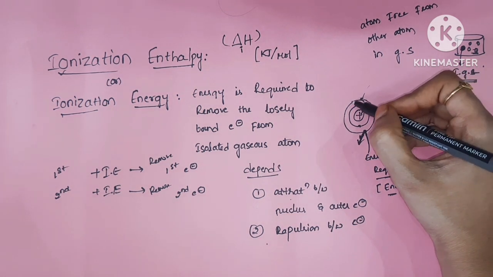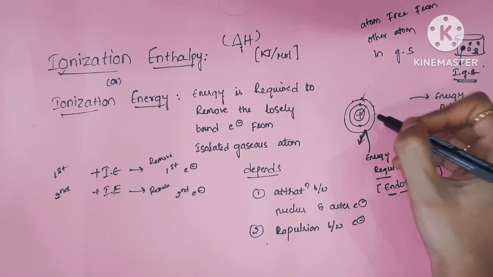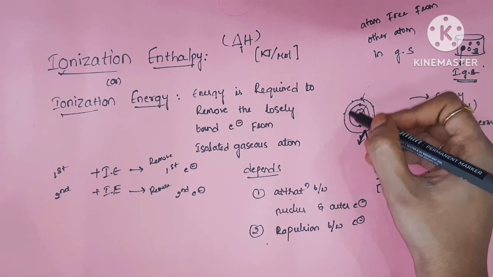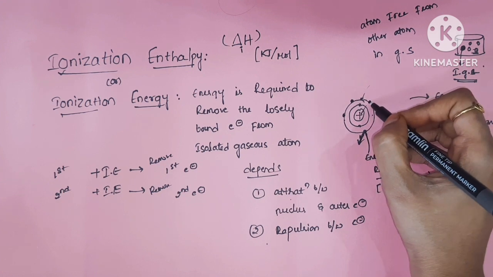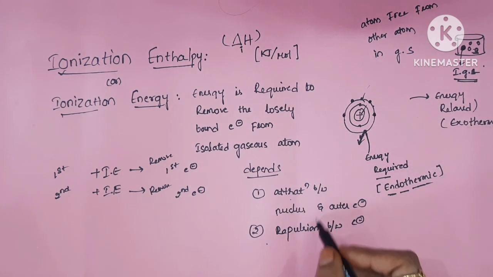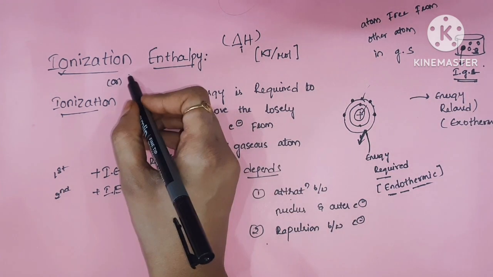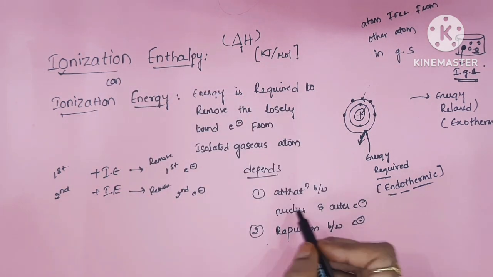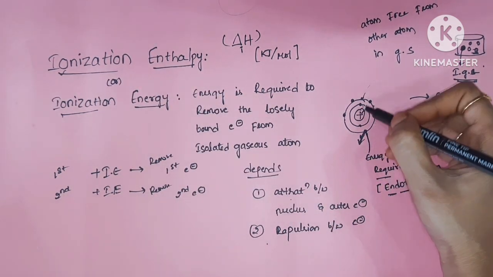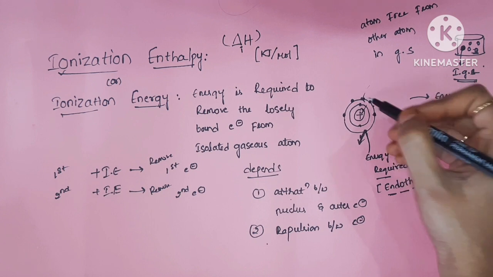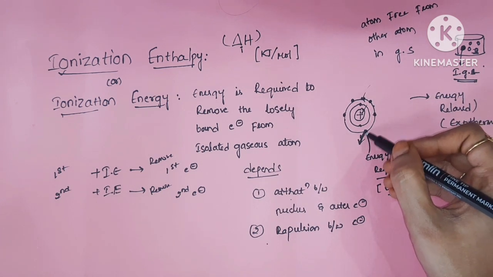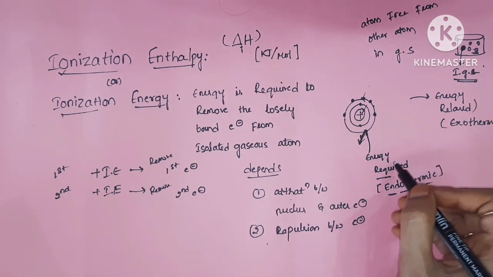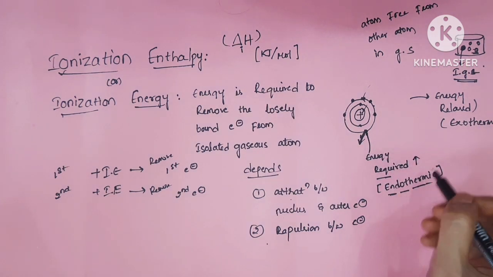In multi-electron atoms, there is repulsion between the electrons among them.